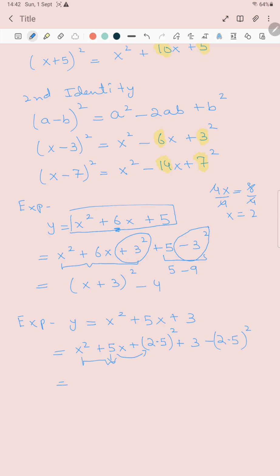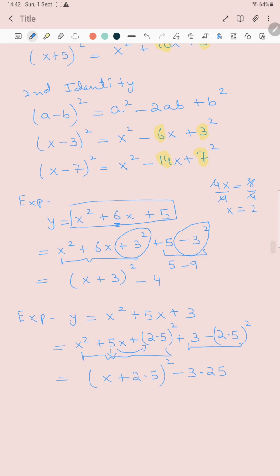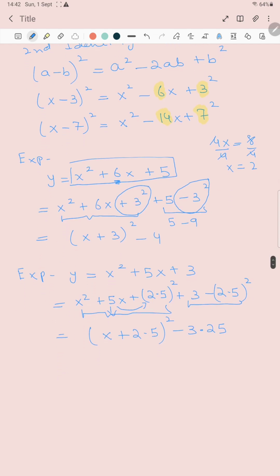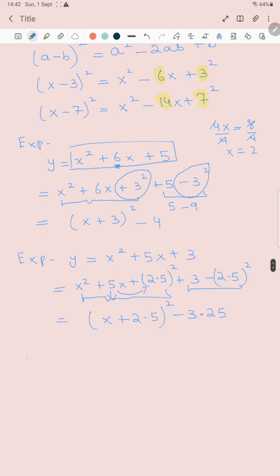Now the first three terms will make the first identity, so you can write x plus 2.5 whole square, and when you solve the rest, 3 minus 2.5 square, the answer will be minus 3.25. So now you completed the square.